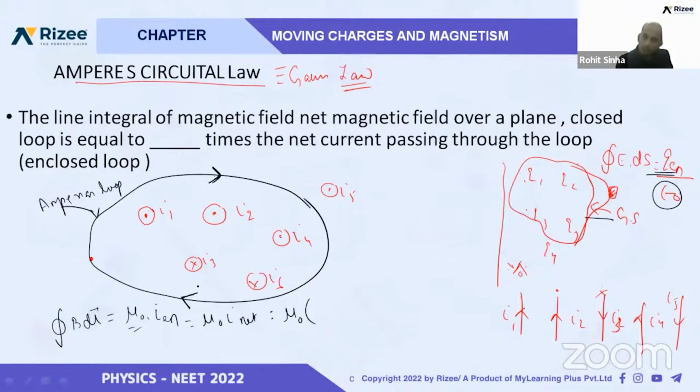That means the cross current will be taken as positive. So we will write I3 plus I6 positive, and the rest currents minus I1, minus I2, and minus I4.